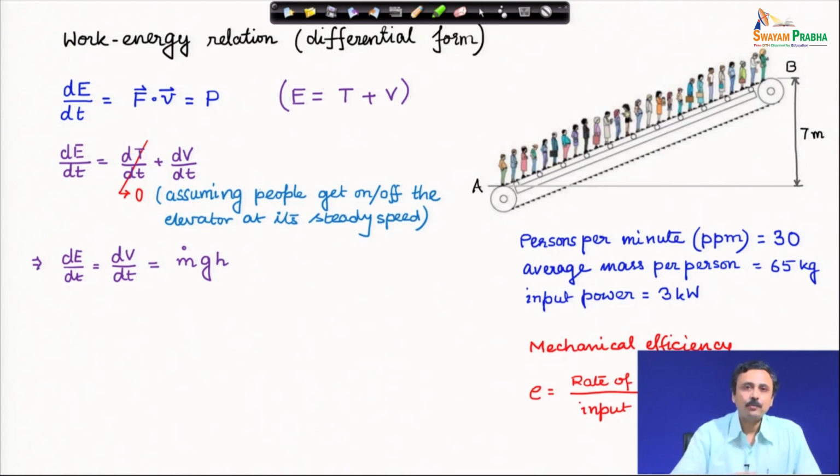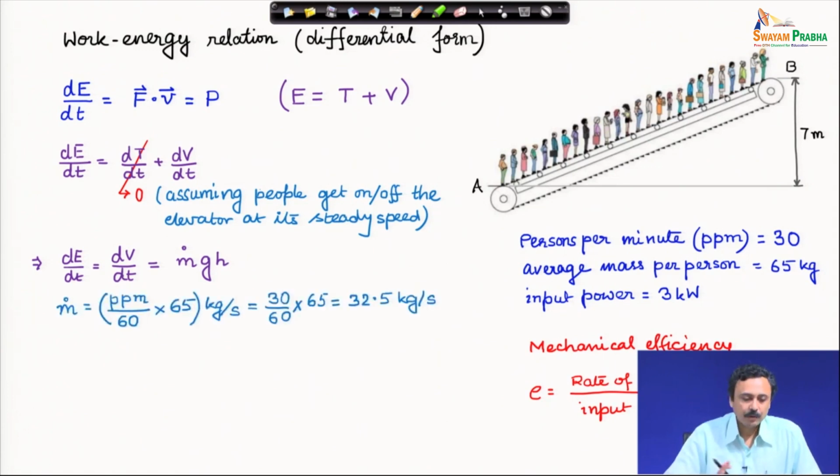That has to come from m dot, because this is not a fixed mass system. Mass is coming in and going out, so there is a mass influx and efflux, and the rate of change of potential energy is m dot, the rate at which people are being transported to this height h, times g h.